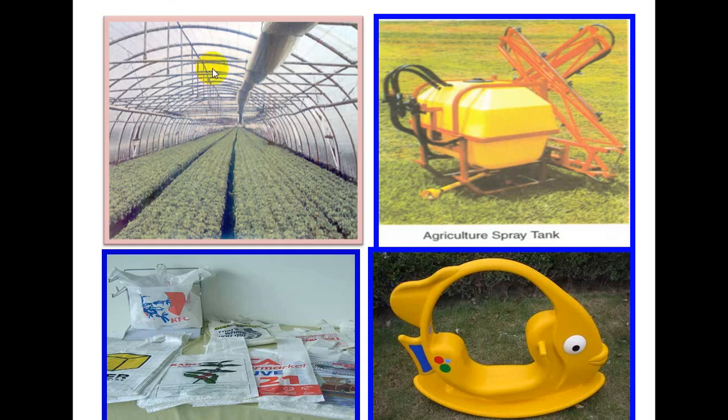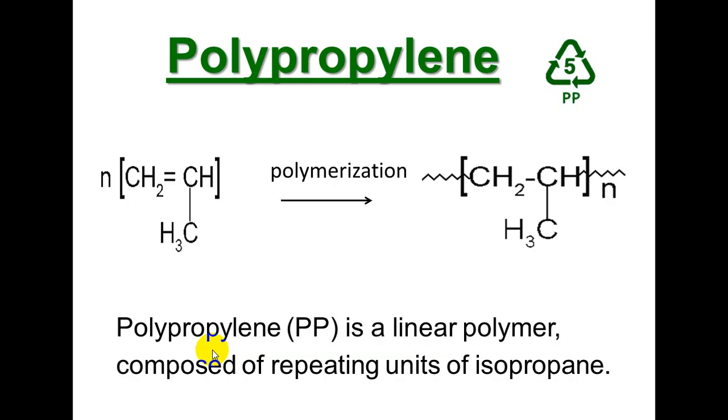These are greenhouse polythenes. This is an agriculture spray tank, a plastic tank, and these are carry bags made of plastic. So these are the important items we use in our daily life made of polythene.